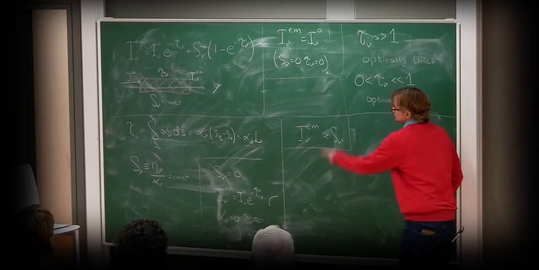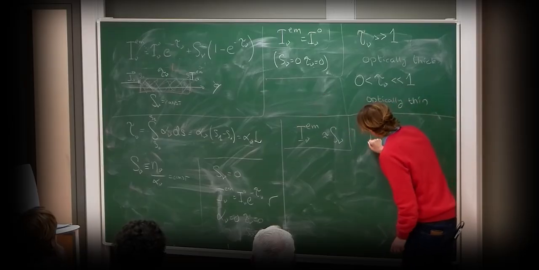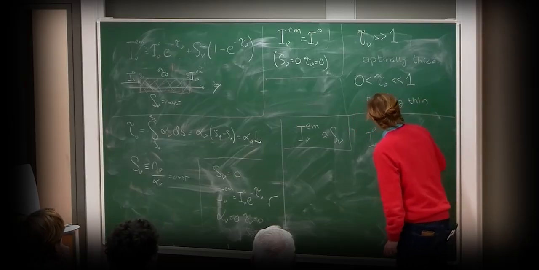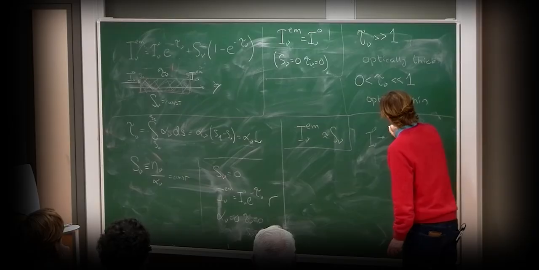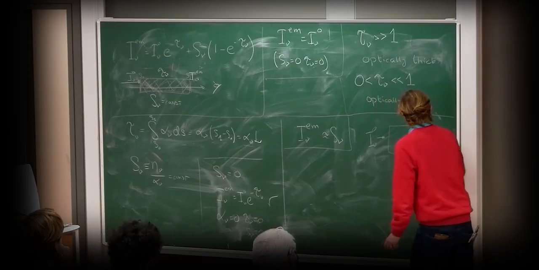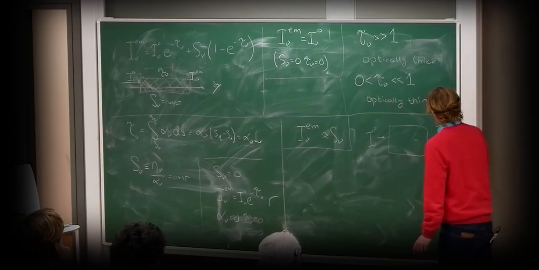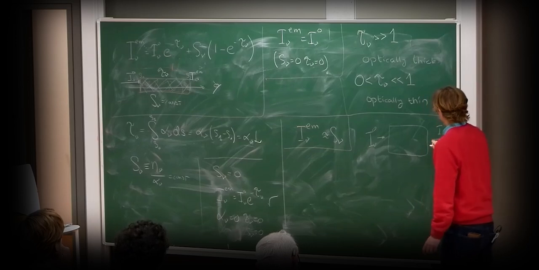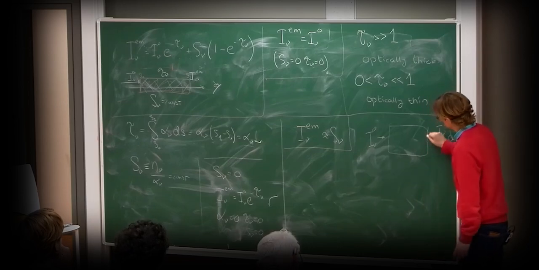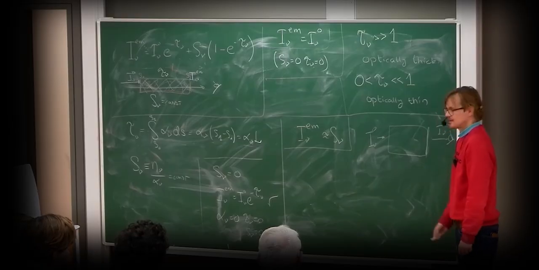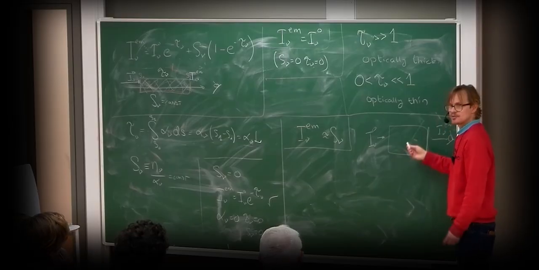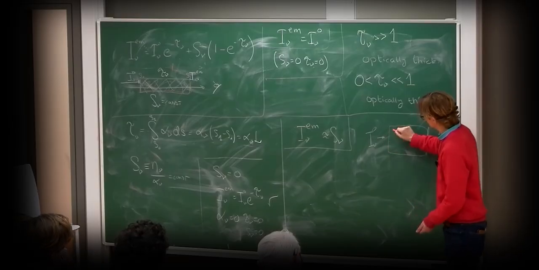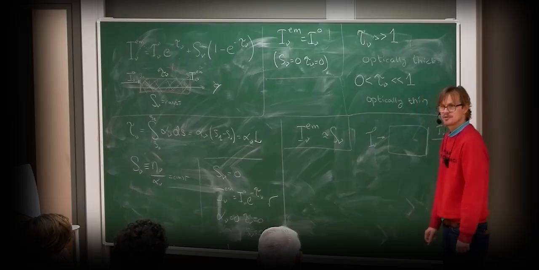Physically, this means that you have something that is incoming. You have your slab here, and you're interested in what emerges down here. This is where you are watching. But of course, if this is very optically thick, all the incoming light is just absorbed. And what is left?